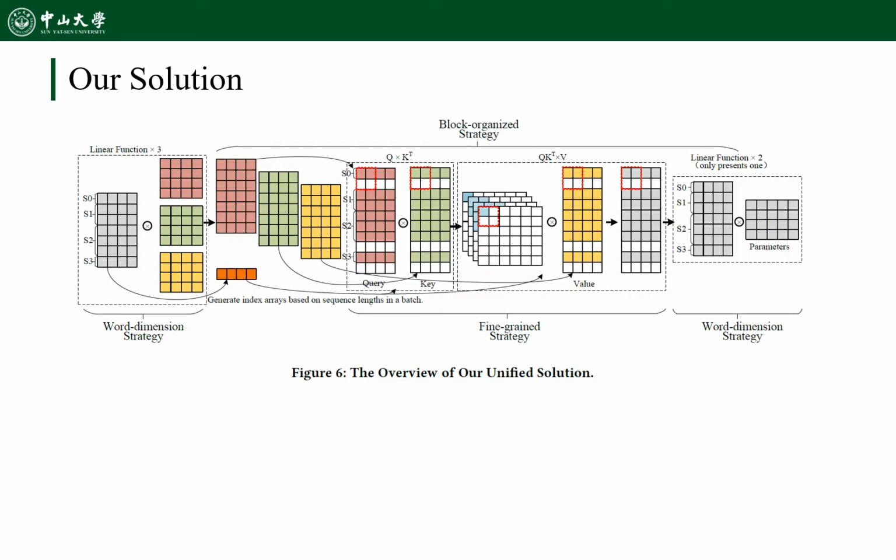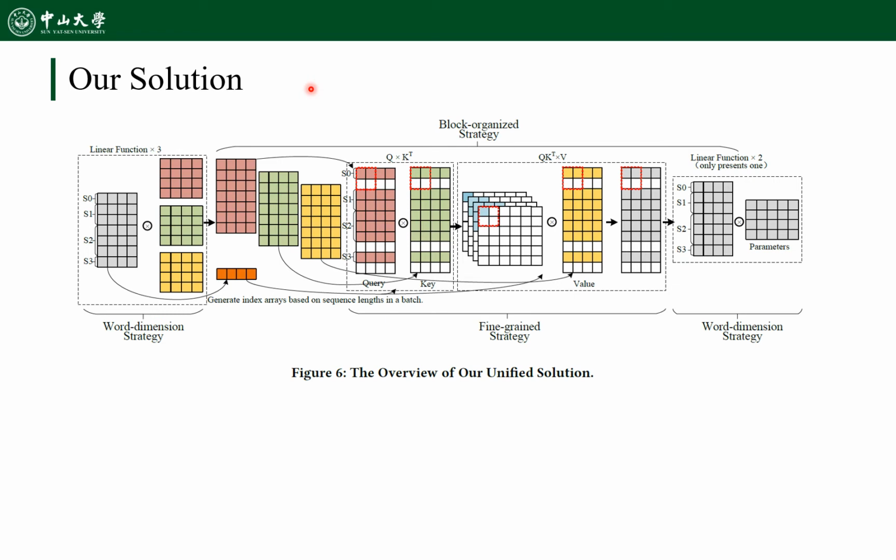To handle the heavy-tailed input of transformer inference, we introduce a unified solution for eliminating most redundant computation. The unified solution includes three strategies for the self-attention module, the linear module, and the entire model respectively. As shown in the overview, the fine-grained strategy orchestrates the fine-grained parallelism of QK and QKV functions and removes the redundant computation of the self-attention module.